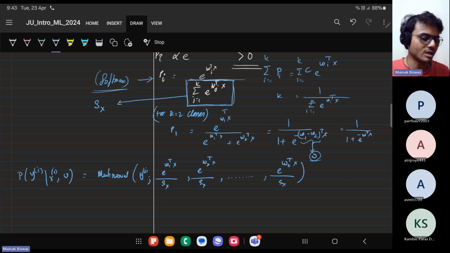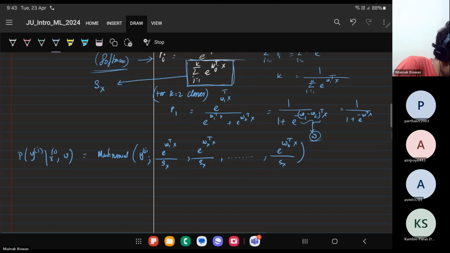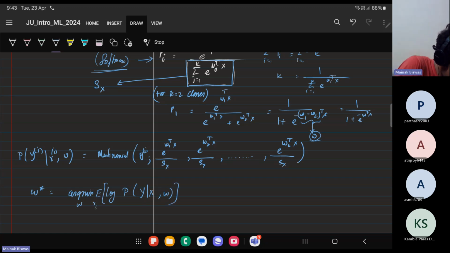Now my question to you is, how can I write this? Do you agree I have to write log p? So my idea is to do w star as argmin over w of the negative log of p of y given x, averaged as 1 by n. Yes or no?